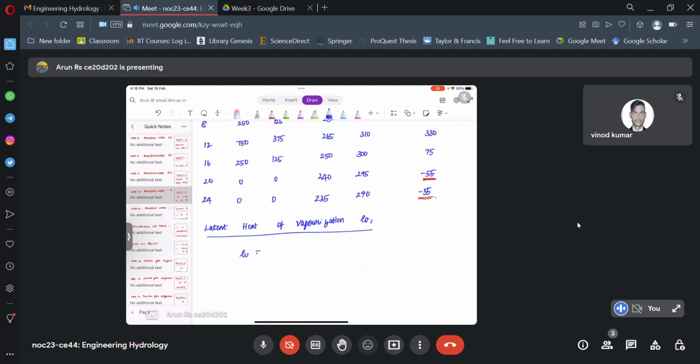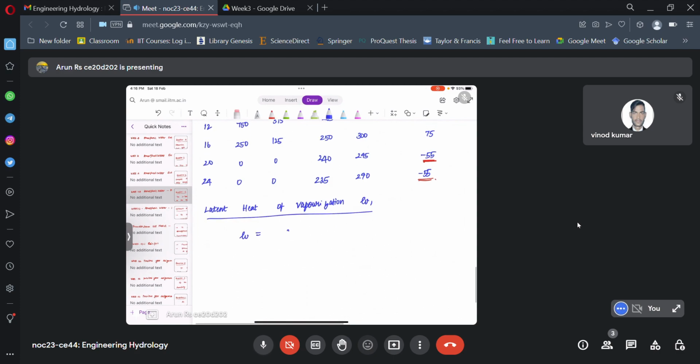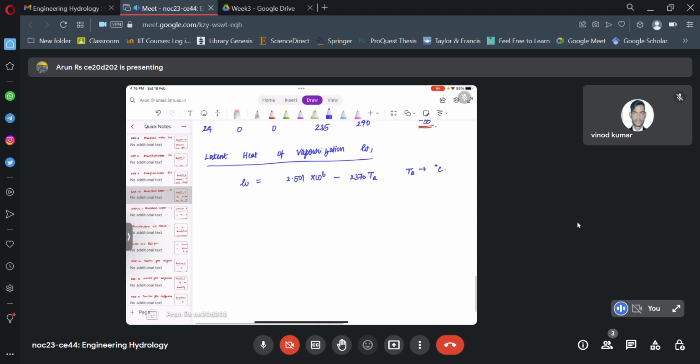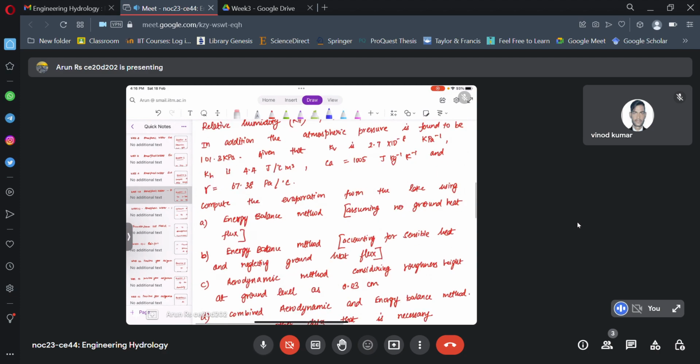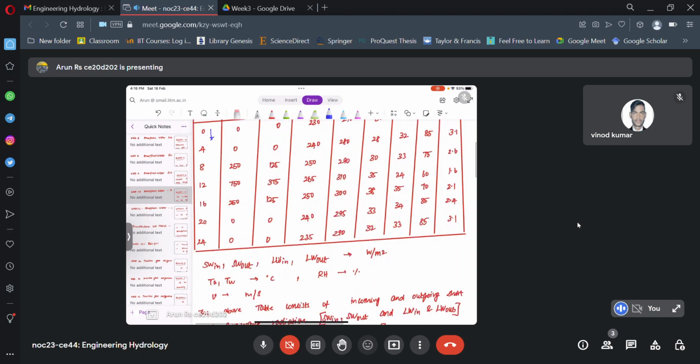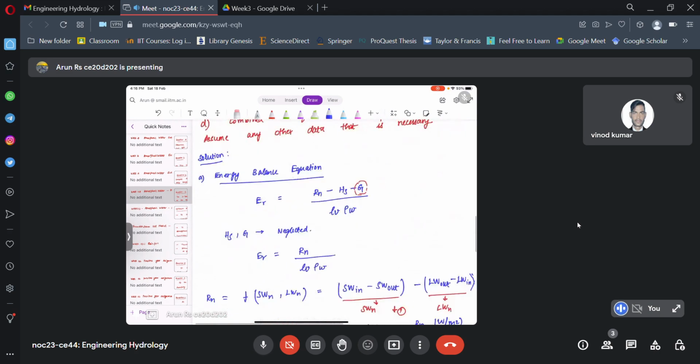So LV is given by this empirical equation, 2.501 into 10 to the power of 6 minus 2370 into your temperature of the air, where TA is in degree centigrade. For different times of the day, we have different air temperatures, and we'll be calculating the latent heat of vaporization for that particular time period.